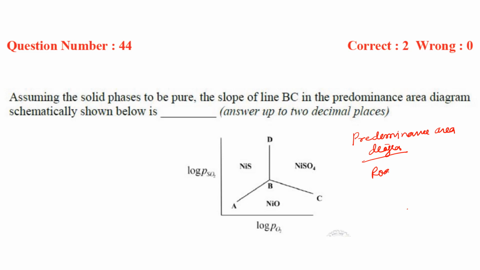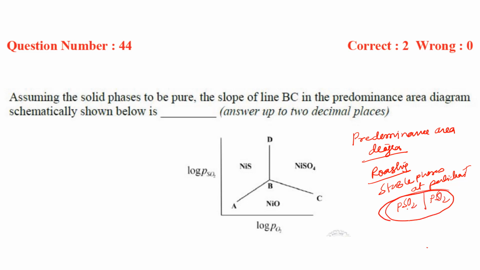Whenever we do some kind of roasting, what are the stable phases at a particular temperature, and this temperature defines the partial pressure of SO2 and the partial pressure of O2. So what are the different stable phases, the dominating phases? That's why the term has come from here.